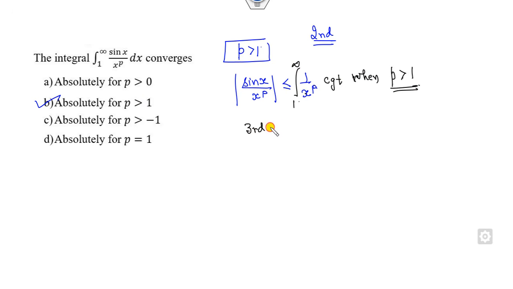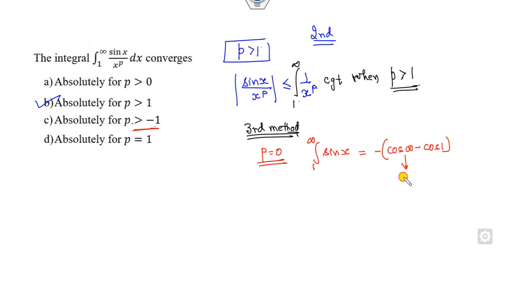Third method, you can also solve this by examples like this. If I simply take any counter example, say p is equal to 0. For this case, x raised to power 0 is 1. So the integration of sine x from 1 to infinity is cos infinity minus cos 1. This does not exist. So p is equal to 0 is not satisfied here.